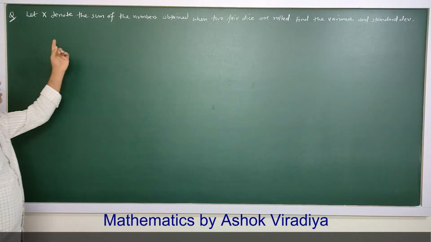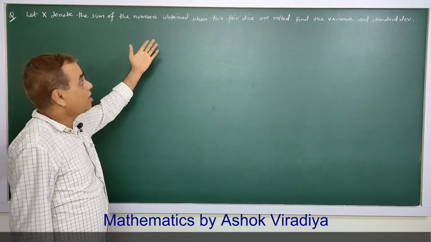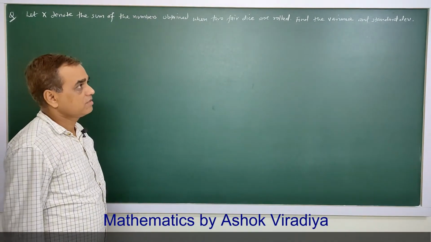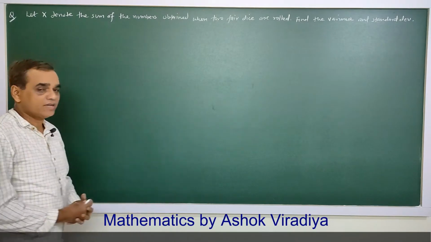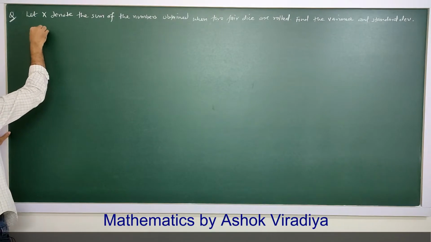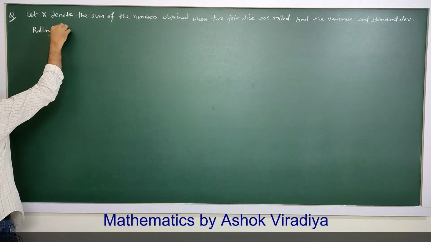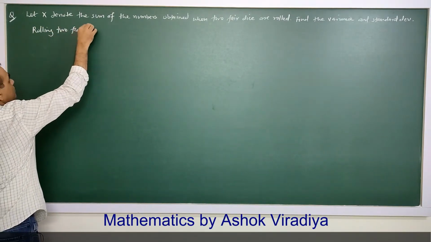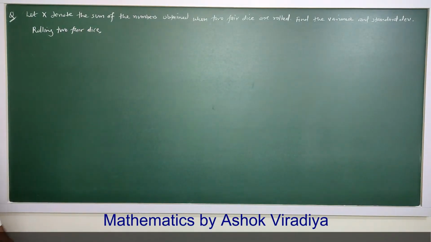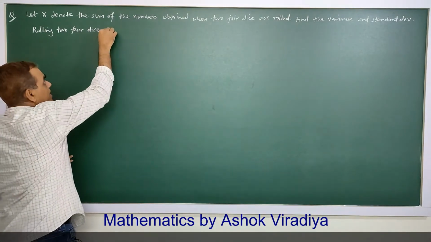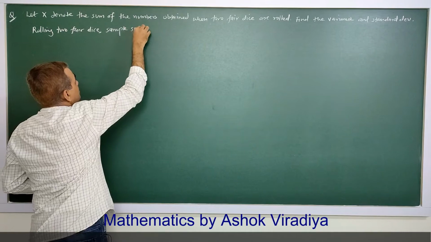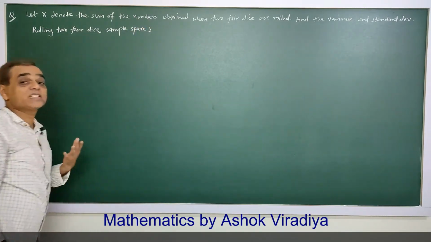Let x denote the sum of the numbers obtained when 2 fair dice are rolled. Find the variance and standard deviation. Say rolling 2 dice. The sample space associated with this experiment contains 36 ordered pairs.